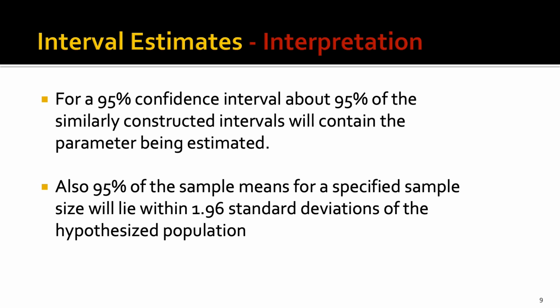Which means if we took another set of samples from that specific population of a given size, we would estimate that 95% of them would have the population parameter within that interval.